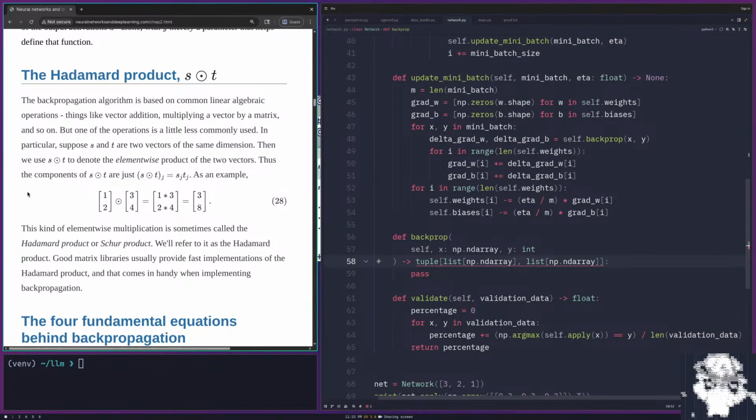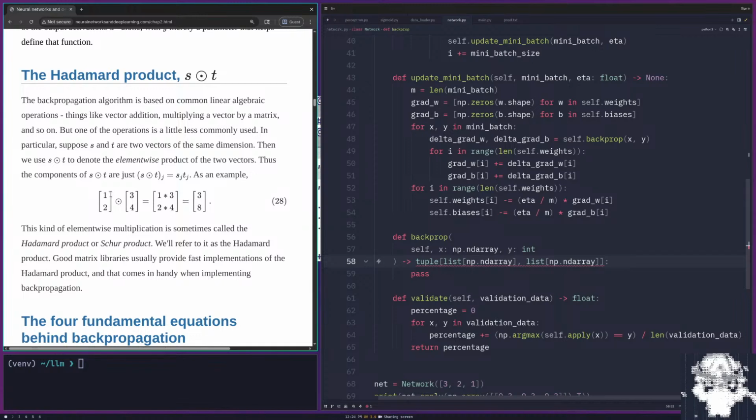The backpropagation algorithm is based on common linear algebraic operations, things like vector addition, multiplying a vector by a matrix, and so on. But one of the operations is a little less commonly used. In particular, suppose s and t are two vectors of the same dimension. Then we use s ⊙ t to denote the element-wise product of the two vectors. Thus, the components of s ⊙ t are just (s ⊙ t)_j = s_j t_j.